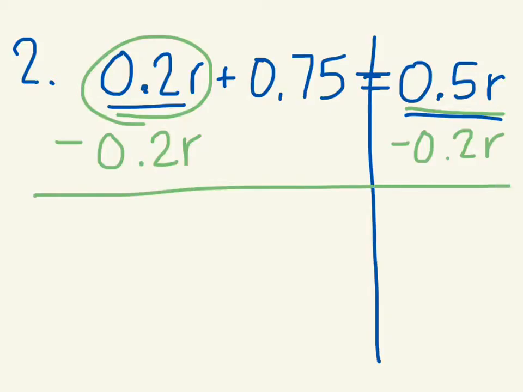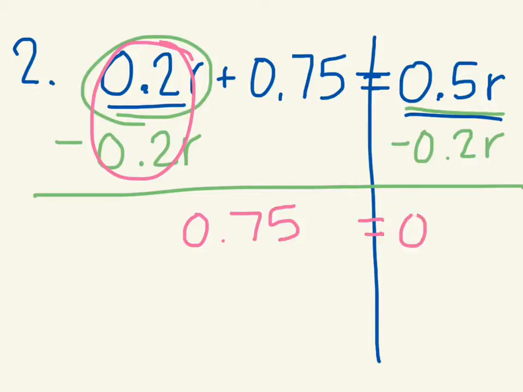Okay? And I'm going to see what I have left. These made a 0 pair. Those canceled out. Those are gone. But now I have 0.75 equals 0.3r. If I subtract 0.5 minus 0.2, I get 0.3r. Okay, now my only step left is, here's the one with the variable, 0.3 teams.